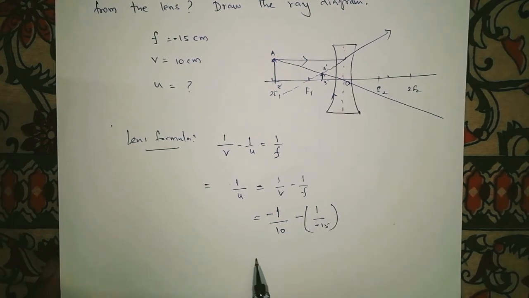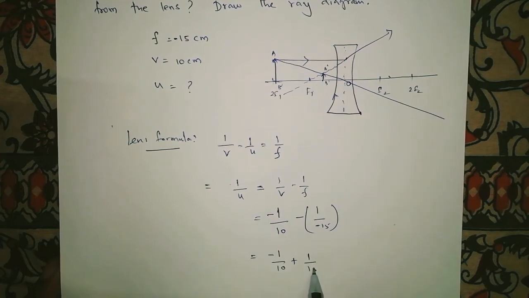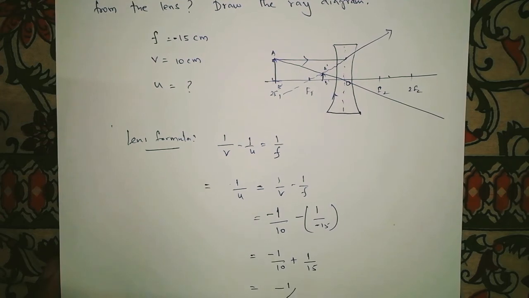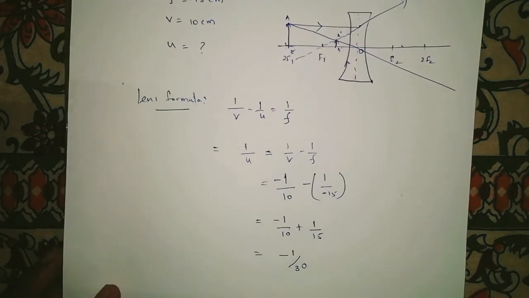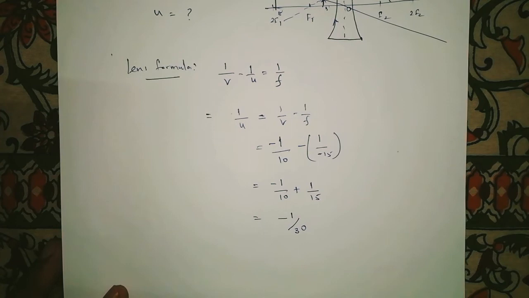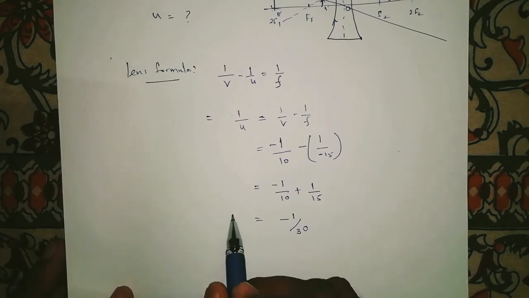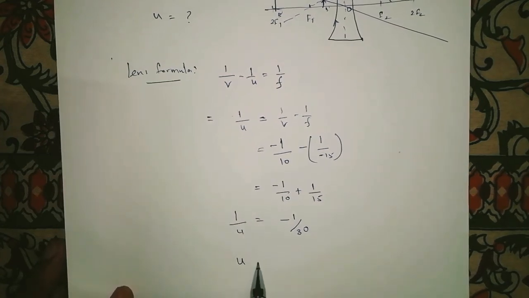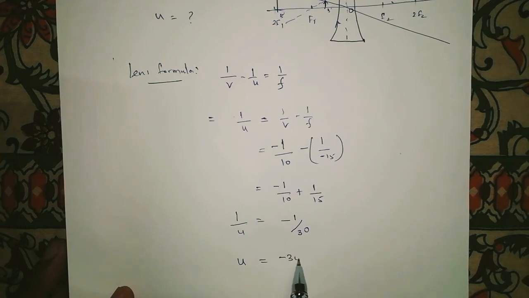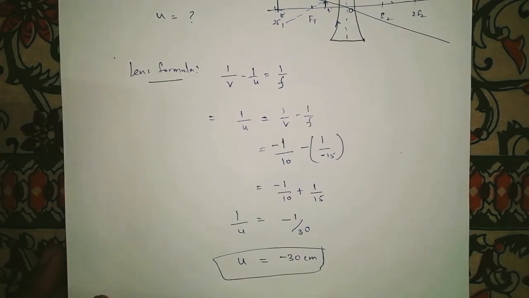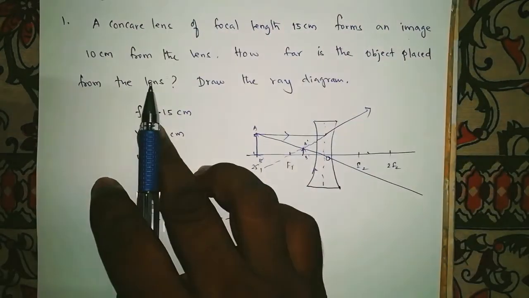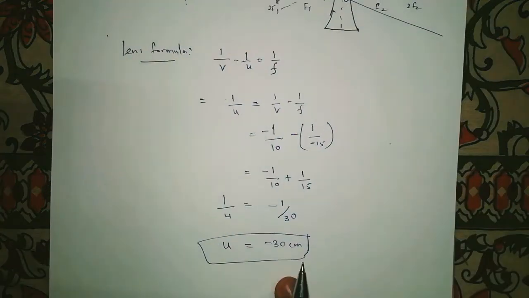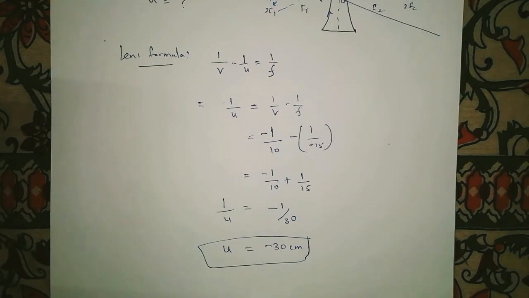Clear? So when we do a simple calculation, it comes as minus 1 by 30. So this is actually 1 by U. So if I write U, it is minus 30 centimeter. Am I right? So how far is the object placed from the lens? It is minus 30 centimeter.